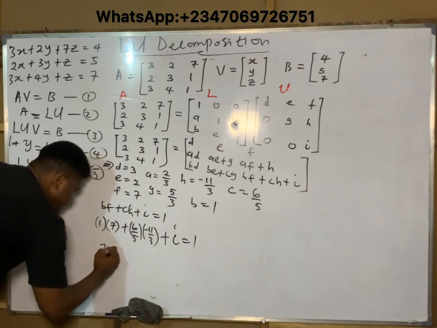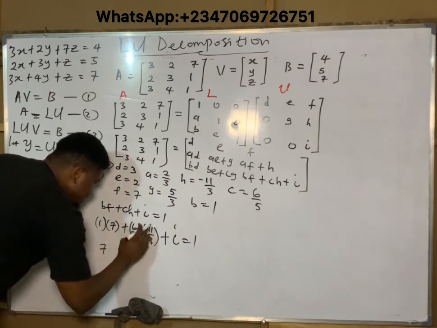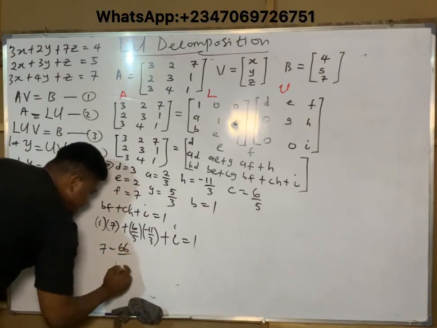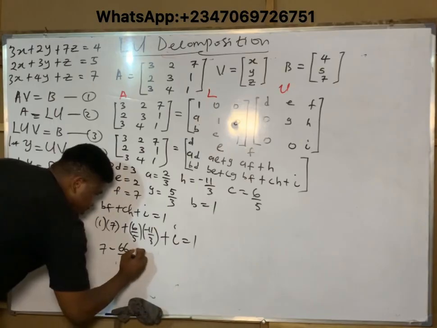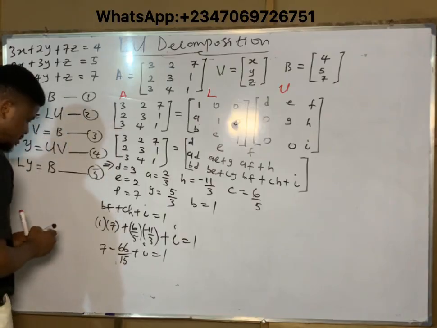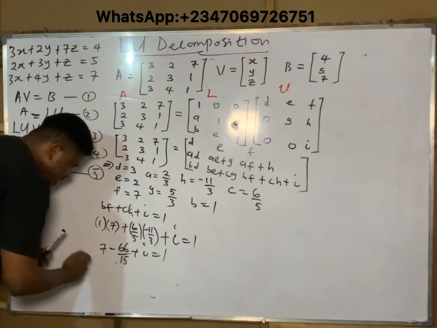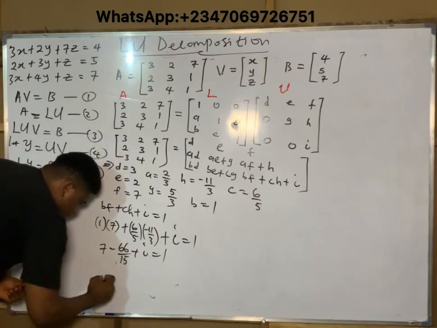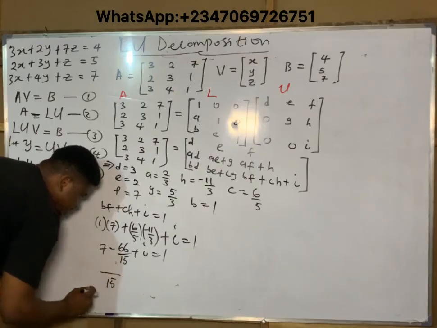So 1 times 7 is 7. 6 times negative 11 is negative 66, all over 5 times 3 is 15, plus I equals 1. So let's take LCM between these two. LCM between the two of them is 15.